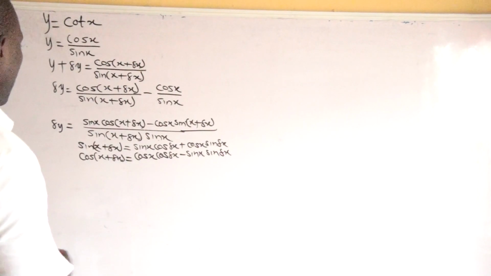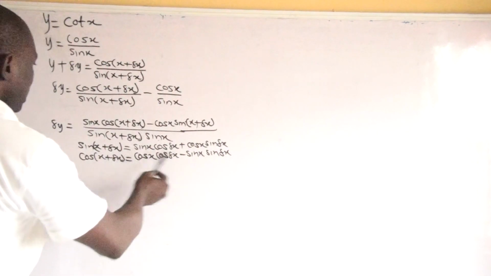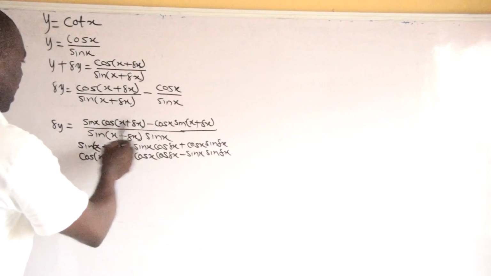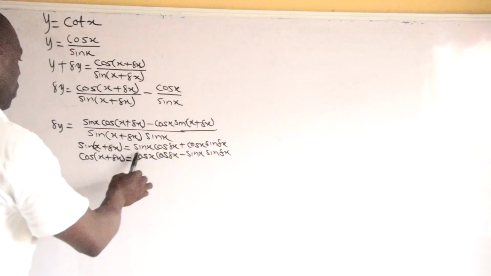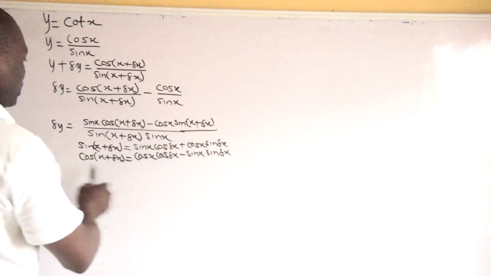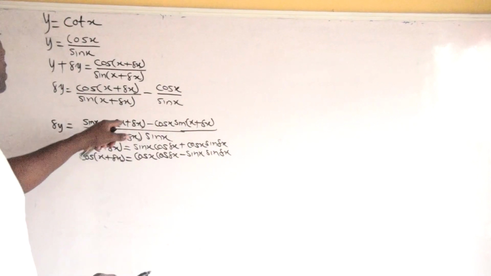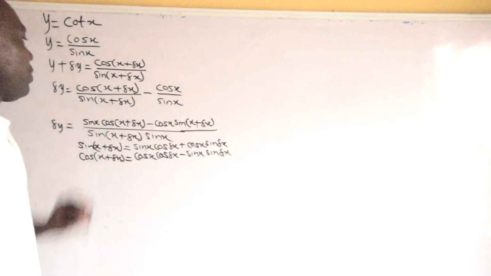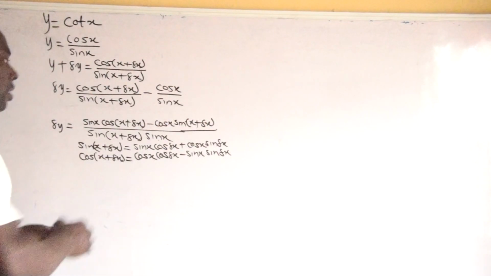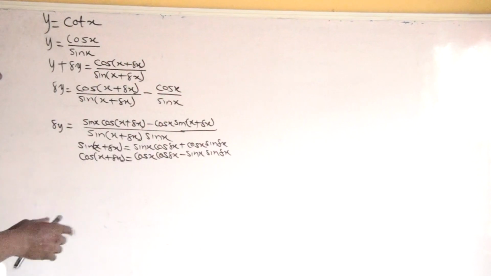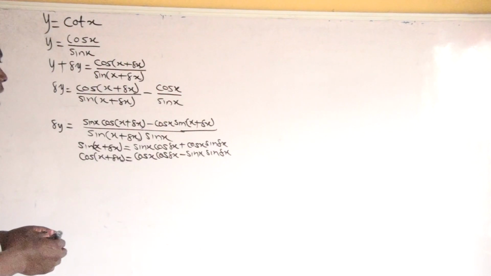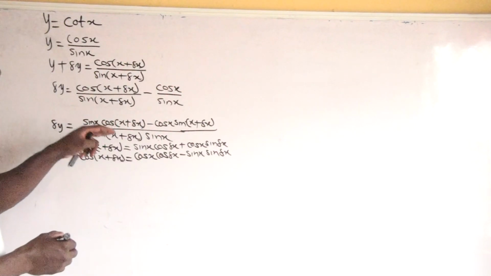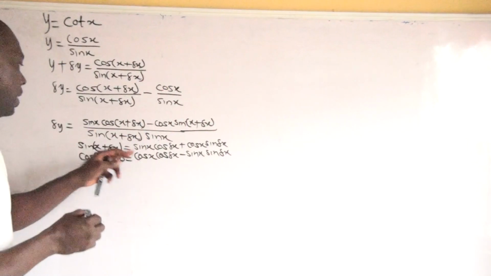In each of these terms, wherever we see cos(x plus delta x), we replace it with this, and wherever we see sine(x plus delta x), we replace it. But one thing to note is that we will not tamper with the denominator; in place of sine(x plus delta x) there, we will not replace it with the alternate expression.